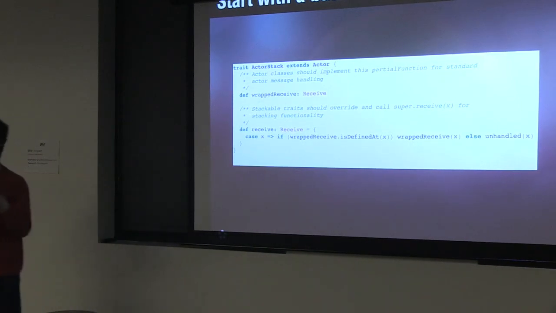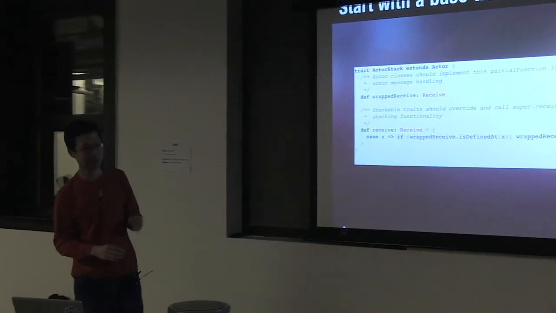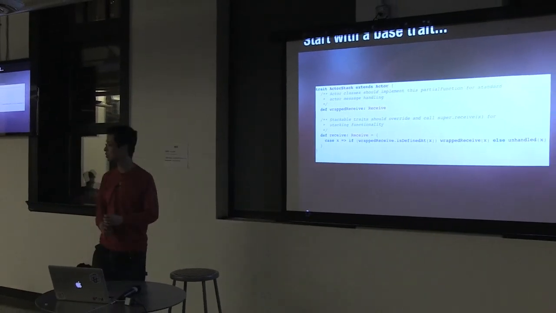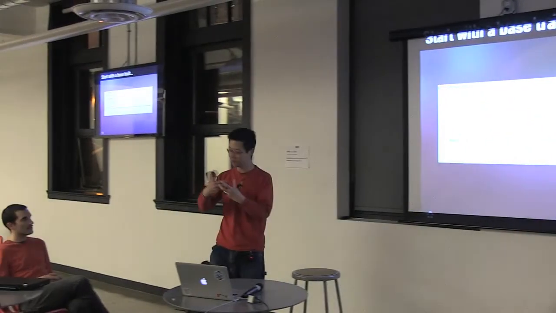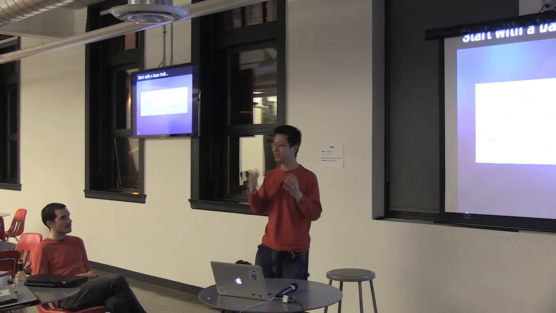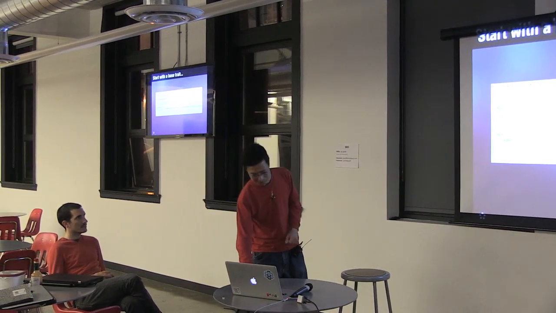If you don't do that, the inheritance gets extremely tricky. You could do super.receive, but if you end up stacking a lot of stuff, there's a whole bunch of edge cases that don't play very nicely with that. But Akka has something built in now to get around this problem.